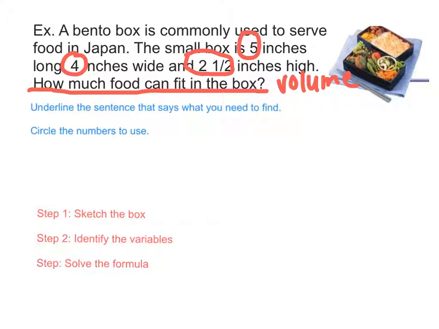First of all, we're going to sketch the box. Next, we'll identify the variables that go in our formula. Then we'll solve the formula. Okay? So make sure you have all that written down, and then I'm going to skip to the next slide where it has a little bit more space for me to work. If you need to pause the video now, that would be a great choice.